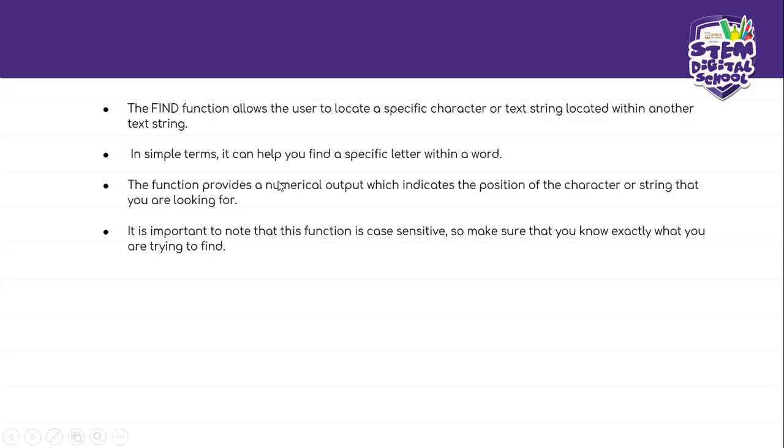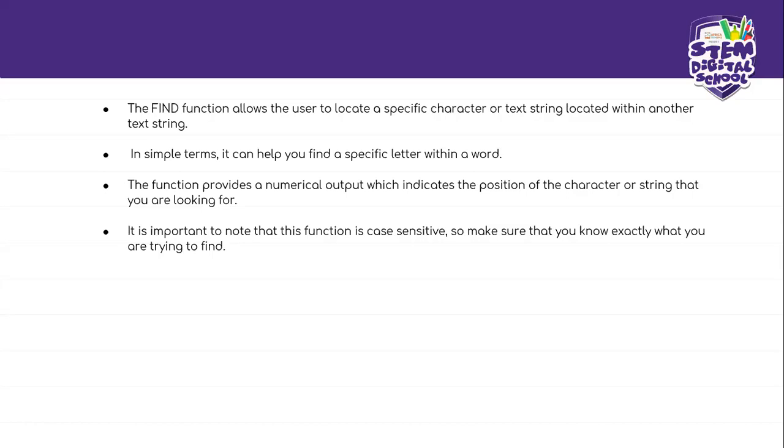So 1, 2, 3, 4. If I use this function to look at this word in order to find the letter E, it will return a number to indicate the position of this character in that word. It is important to note that this function is case sensitive, so make sure that you know exactly what you are trying to find.